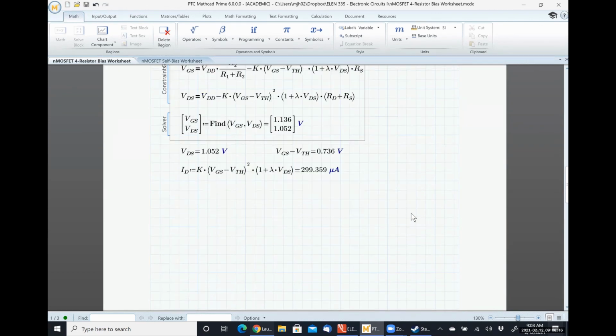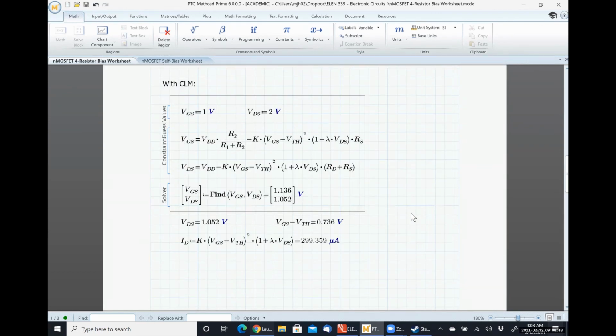Everything else stays the same. With channel length modulation on, we get a VDS value of 1.052, which is larger than VGS minus VTH, so our assumption was correct. And then I solved for the drain current.